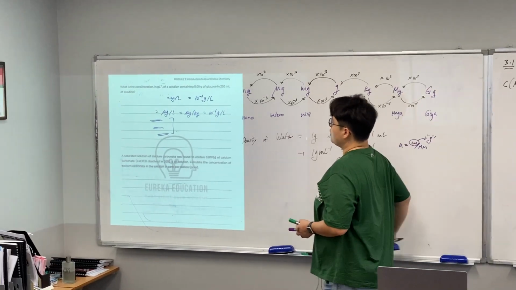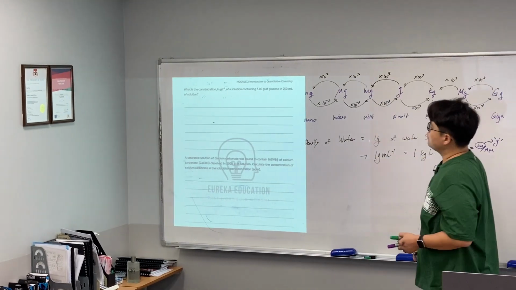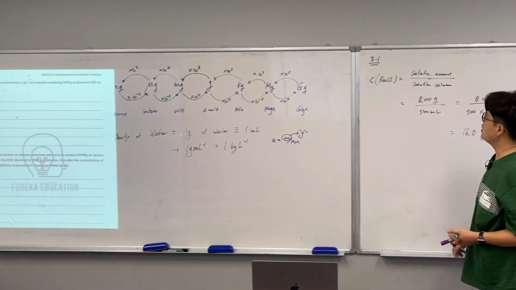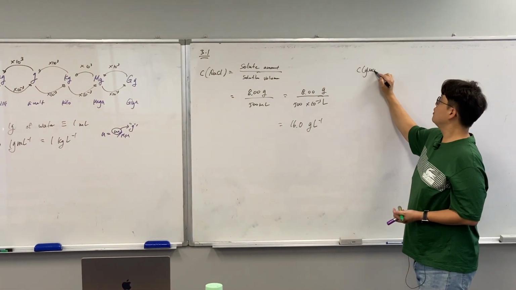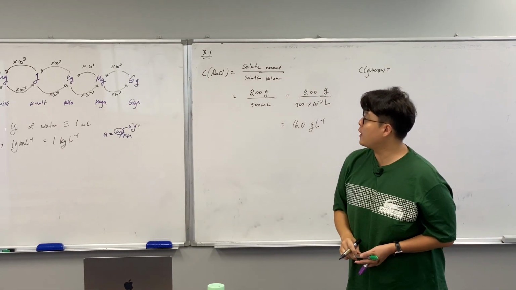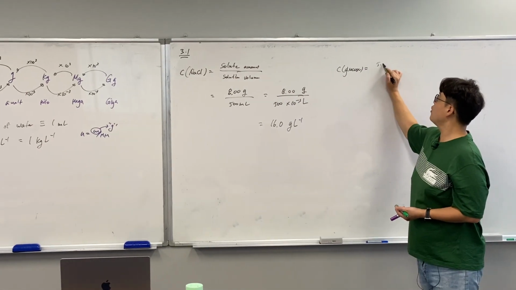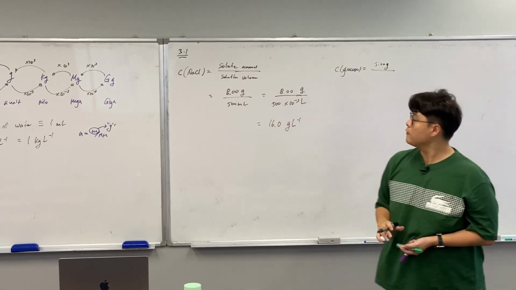What is the concentration in grams per liter of the solution containing 5 grams of glucose in 250 mL of the solution? So same procedure basically. Concentration of glucose can be found by the amount of solute. So you're given what? 5 grams. So 5.00 grams of the solute divided by 250 mL.